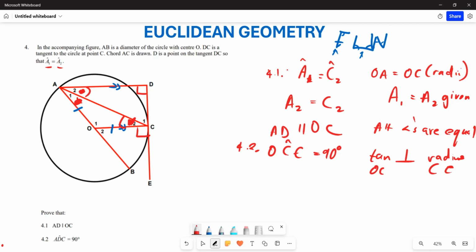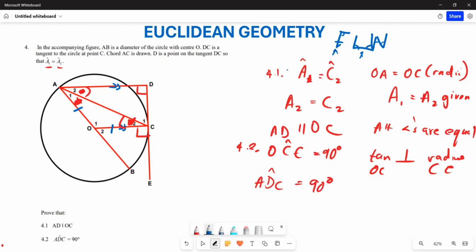Now, what else can we take from here? Since this particular angle is 90 degrees, what else can we take away from there? We are saying our angle ADC is also going to be 90 degrees, right?